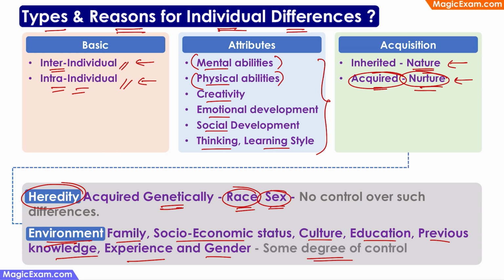For example, if a child is from a very poor socio-economic status, if the child is moved into a different environment and is given better resources or given better facilities, then some of these differences can be addressed. Therefore, inherited or nature-related individual differences, we don't have any control over them. Whereas nurture or acquired differences, there can be some degree of control over them.